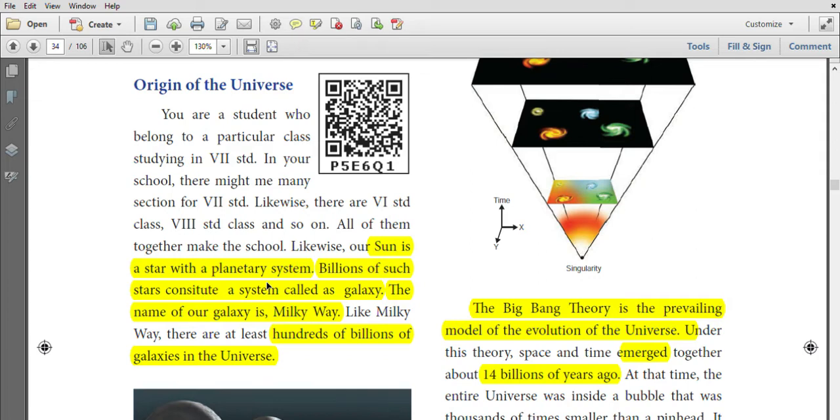Each star illuminates like the Sun. The name of our galaxy is the Milky Way. The Milky Way has hundreds of billions of stars, and the universe has hundreds of billions of galaxies.